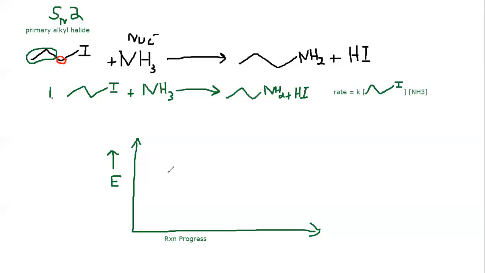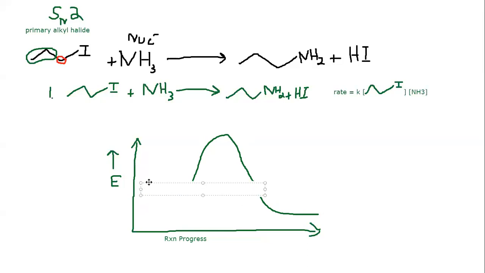And again, with substitution reactions, since we're replacing a relatively non-polar bond with a more polar bond, these are going to be generally exothermic reactions. So we have our reactants, our activation energy, and then we make products. So again, there's only one activation energy because there's only one step in this mechanism.